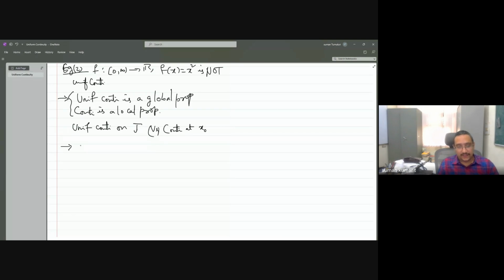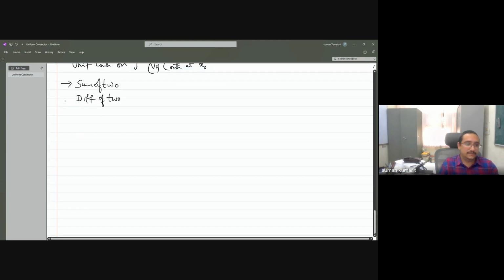As soon as you have seen continuous functions and some examples, you would have proved the algebra of continuous functions. The sum of two continuous functions is continuous.